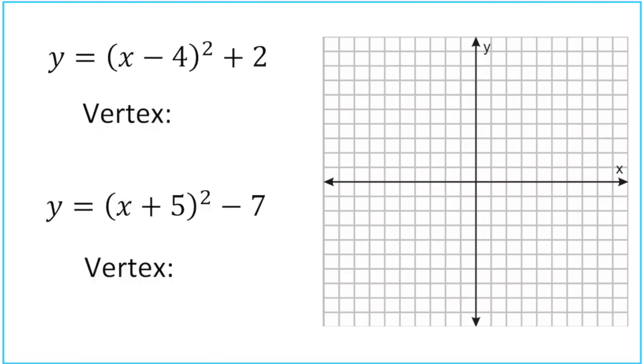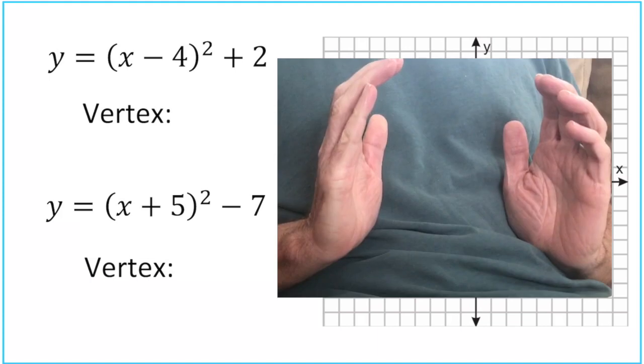We are ready to jump right in and graph some parabolas. So first problem, it's called vertex form because we're going to start with the vertex. So to get our vertex, first we look inside the parentheses where the x is. And remember, we don't actually use -4, we use the opposite of -4. So we're going to use +4. You might remember how we use a hand signal for this in our point slope video: opposite.